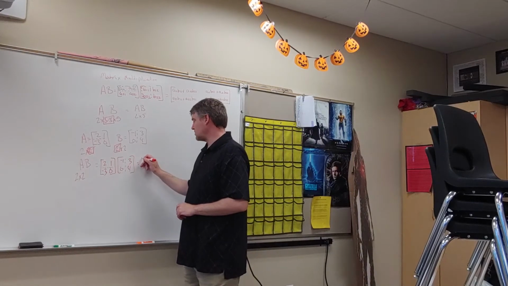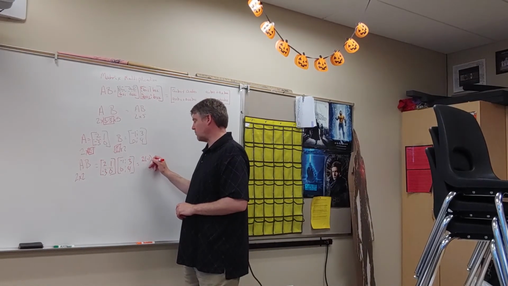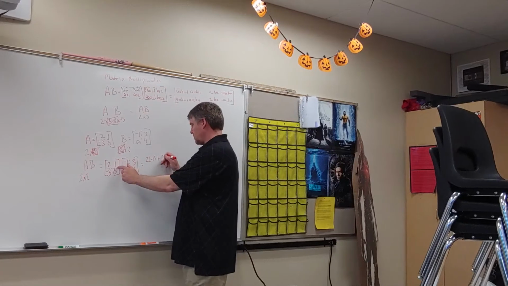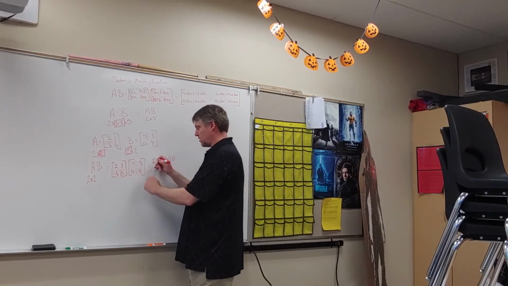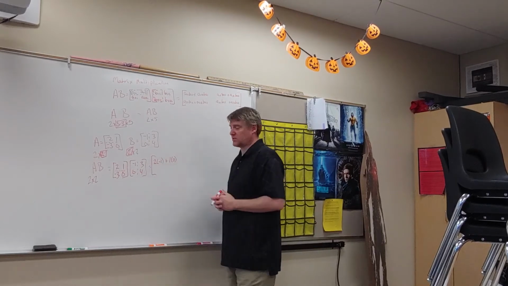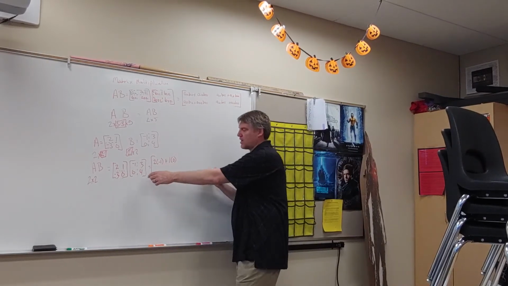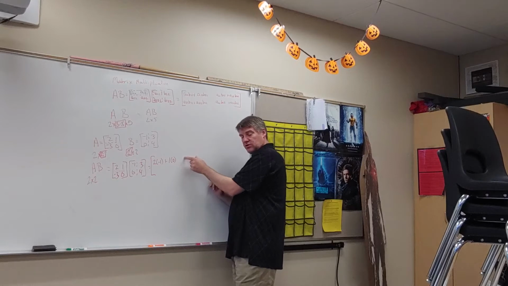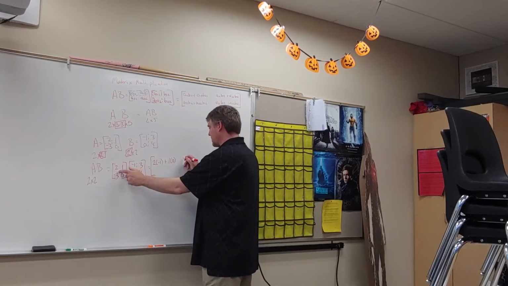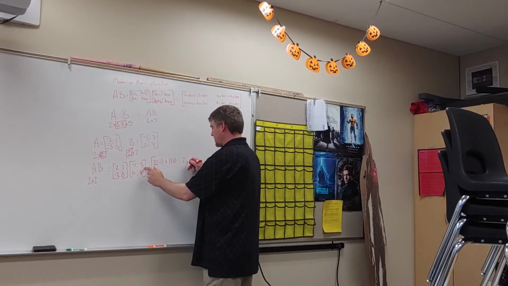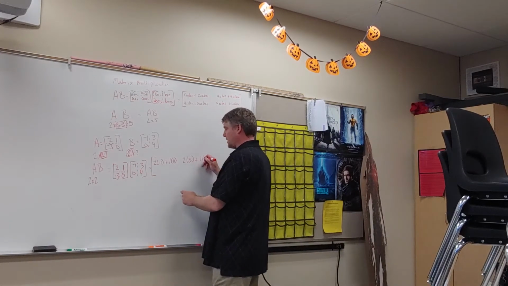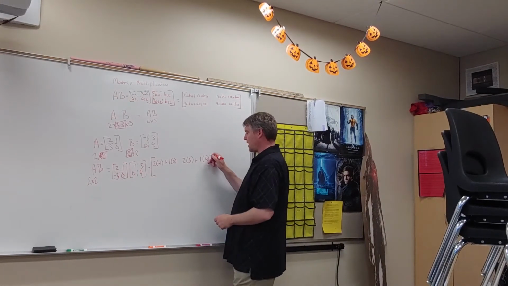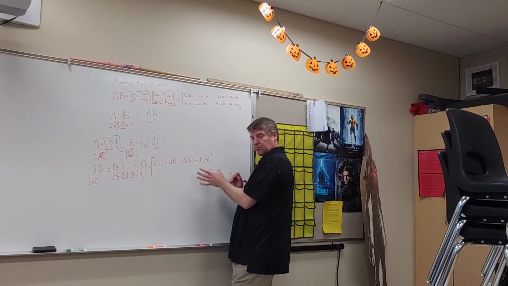So this becomes 2 times negative 1 plus 1 times 0. And I'm going to add those together. That's my first element, my element 1, 1. Now my element 1, 2, my second piece up here, is going to be 2 times 3 plus 1 times 4. And that's my top row now.